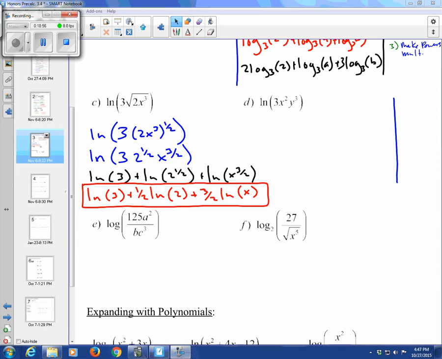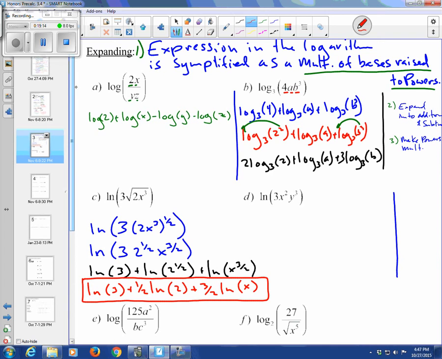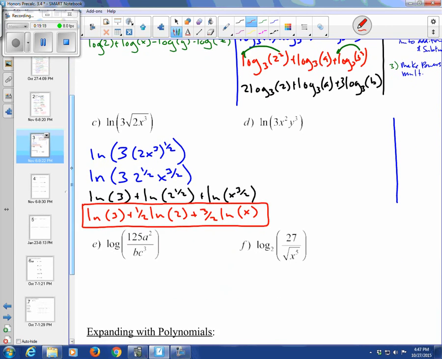All right, guys, I'm unpausing after this first one because I'm realizing we didn't really talk about simplifying expressions inside a logarithm. Here we've got the natural log of 3 times the square root of 2x cubed. If we're looking to make this a multiplication of bases raised to a power, we can represent this square root as a power of 1/2 and then distribute it to the 2 and the x, making this 3 times 2 to the 1/2 power times x to the 3/2 power.